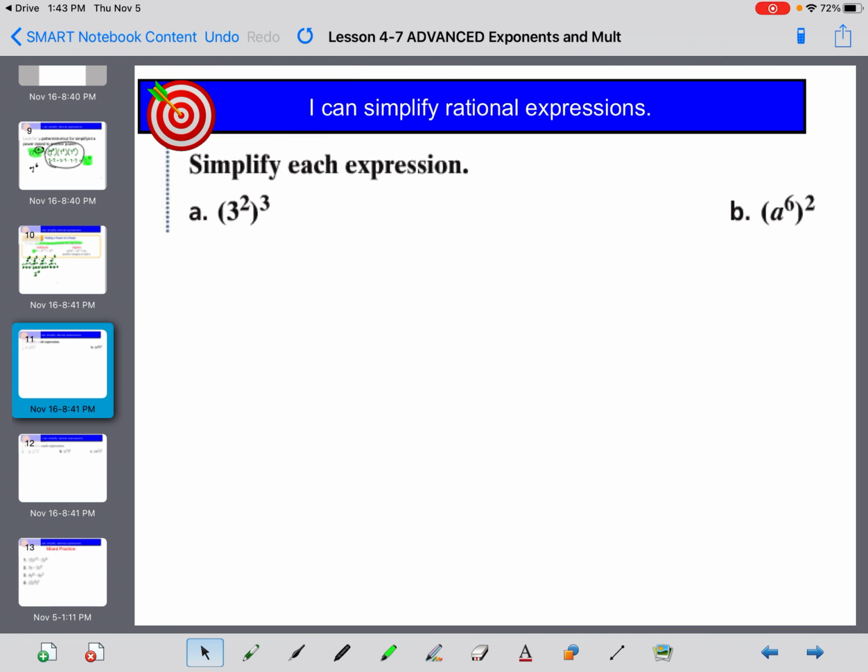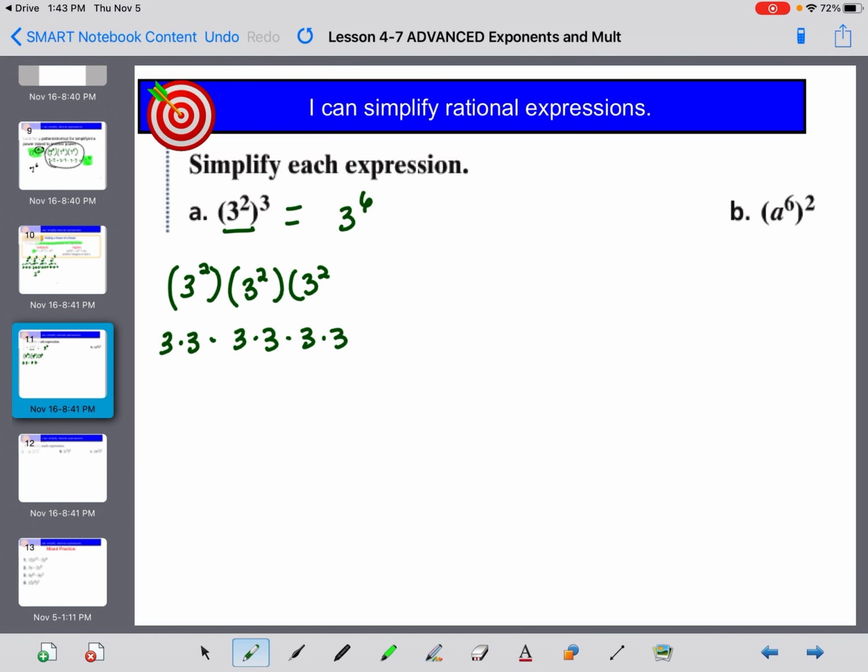All right, let's apply that to these expressions. 3 to the second to the third. Applying the rule, I would say the answer is 3 to the sixth. Writing it out in expanded form to understand the meaning, 3 to the second is being taken times itself 3 times. Then 3 to the second is 3 times 3.